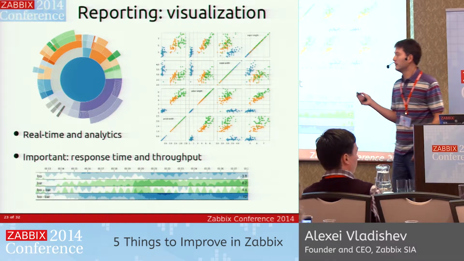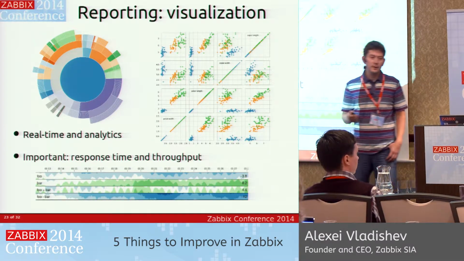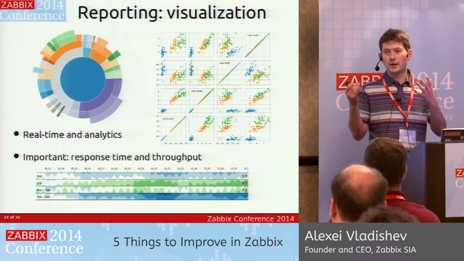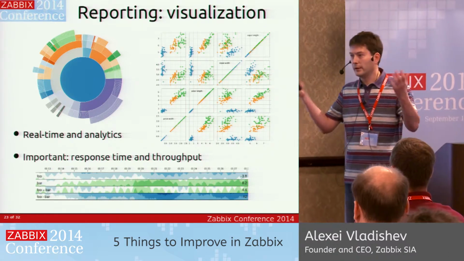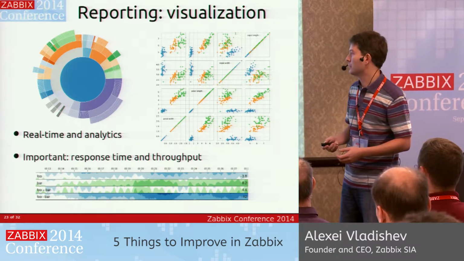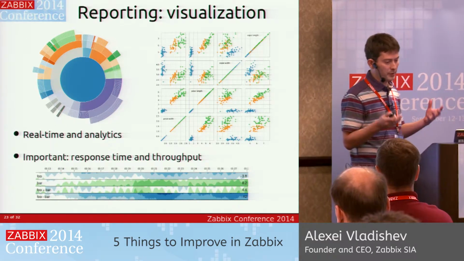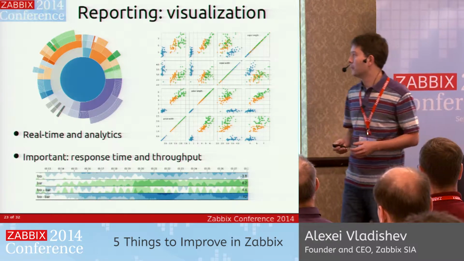Things like some reporting about event correlation, some long-term reporting, visualization, it really gives you insight of your data or your big data if you're collecting, I don't know, terabytes of information. So we really need to build it into the Zabbix frontend and make it an essential part of the frontend.